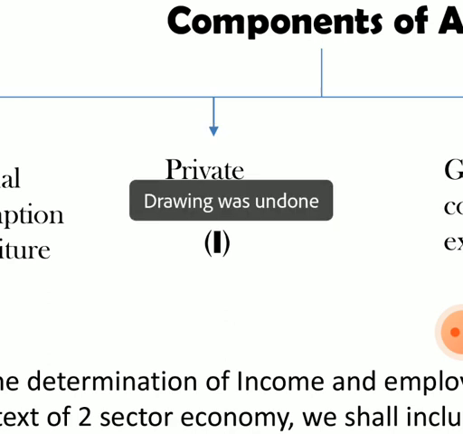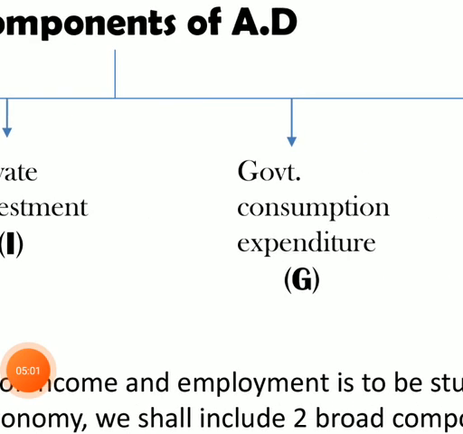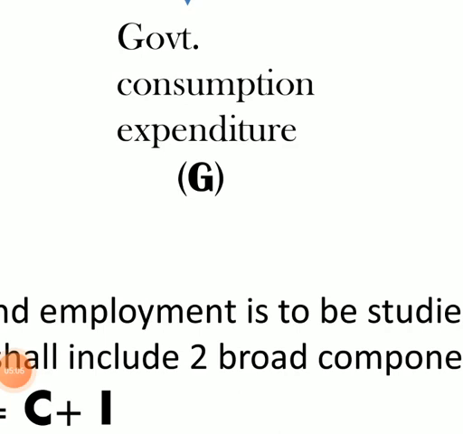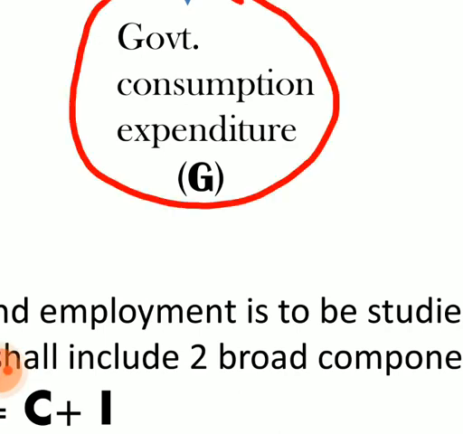Now the next thing is government expenditure. What does government demand, or we should say what does government spend on? Government makes expenditure on defense purchases, schooling, education, medical facilities, law and order, etc. So what is the demand of government?